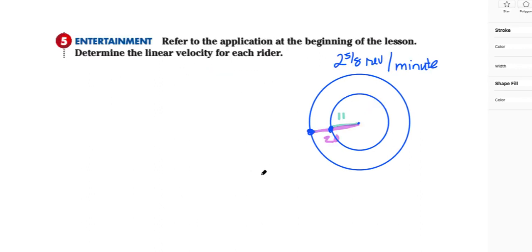So looking back at the same example we talked about in section 3, the carousel, where we were considering the angular displacement, now we're going to consider the linear velocity. Remember, linear velocity is the movement or distance moved over time.